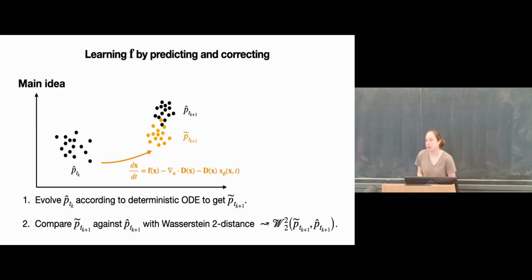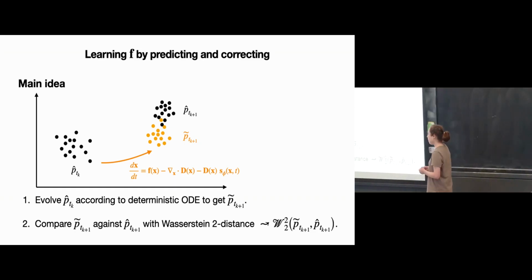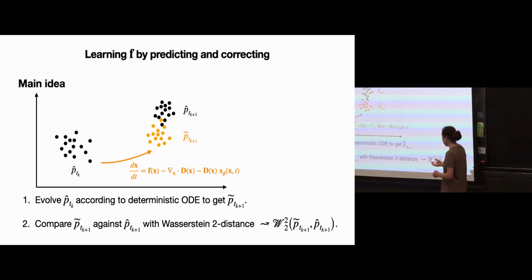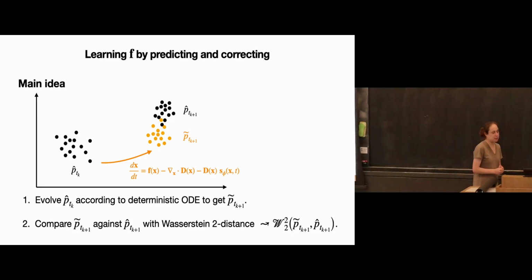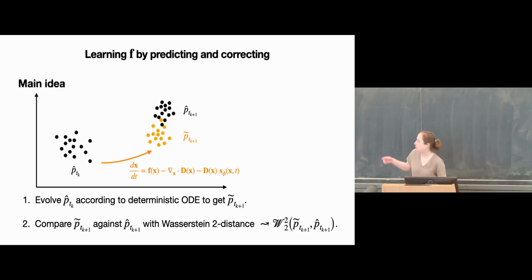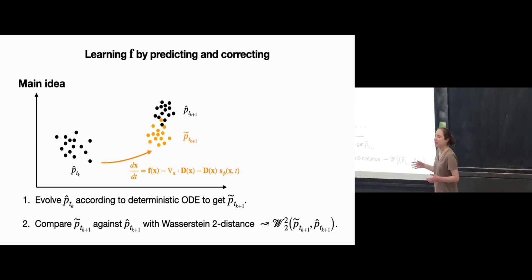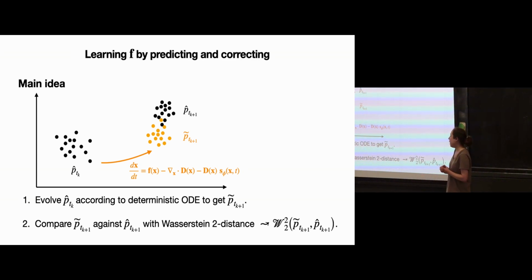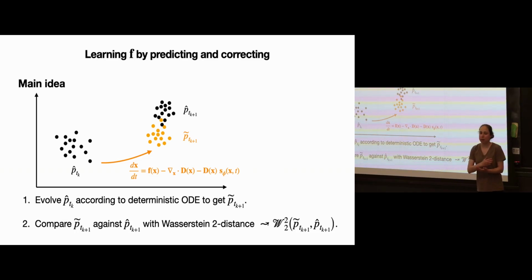The typical choice here is a metric based on optimal transport, called the Wasserstein or Earth mover distance, which is really just a way of comparing these two probability distributions. In most cases, the loss function is penalized simply by adding over all of these distances for the whole time series.